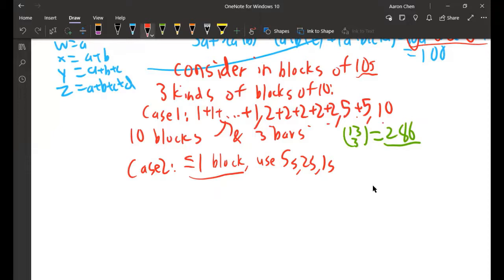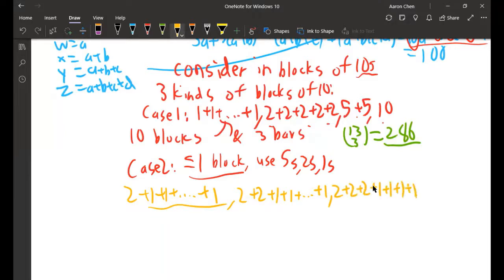The number of ways this is possible: the first case is 2 plus 1 plus 1, with a total of 8 ones. The next case is 2 plus 2 plus 1, and a total of 6 ones. The third case is 3 2s and 4 1s. The next case is 4 2s and 2 1s.